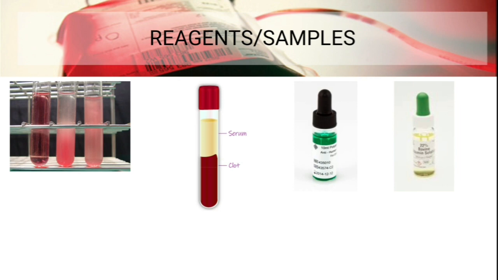We also have the patient and donor sera, antihuman globulin sera, and 22% bovine serum albumin. The patient samples for compatibility testing may be serum or plasma, and plasma samples are preferred. So plain tubes with a red top or no anticoagulant, and purple or pink top.